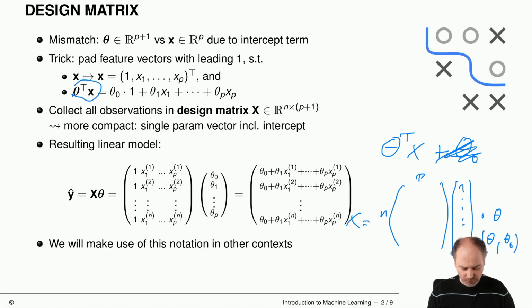If you want to, you can also write down your linear model in complete matrix vector notation. Let's multiply our design matrix capital X, which looks like this, right? Each row is one feature vector for one observation, and we index the observations with the superscript. Here we have the first observation, here the second observation.